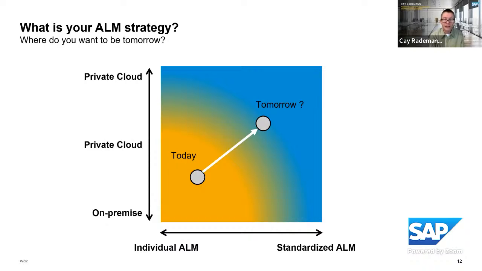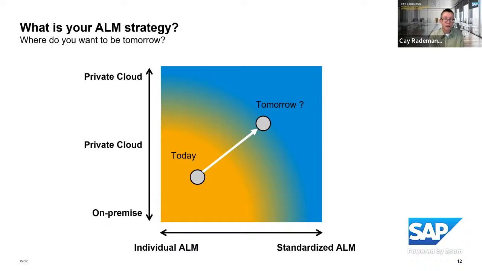Do you just want to use standardized processes, or do you want to use your individual ALM processes? And for those parts which are more individual and more on-premise focused, of course, here the SAP Solution Manager is the right product.